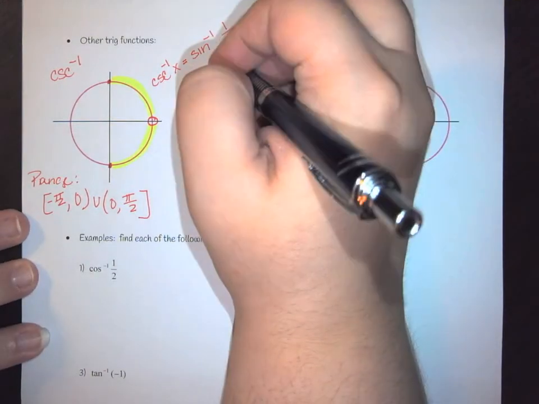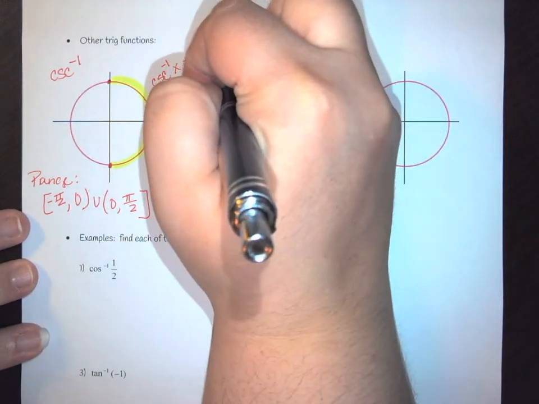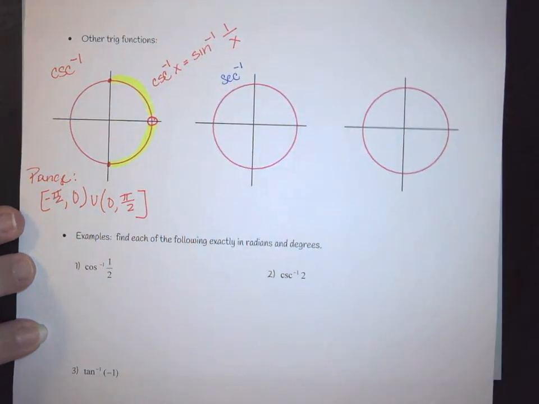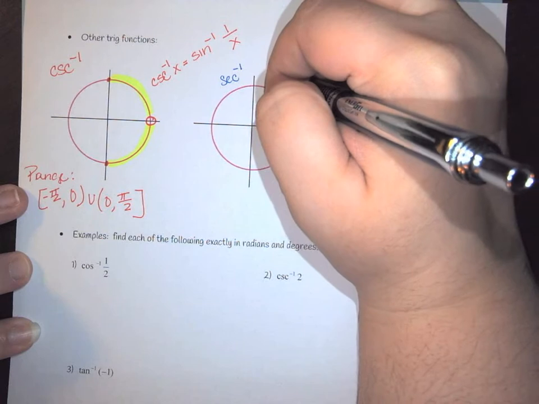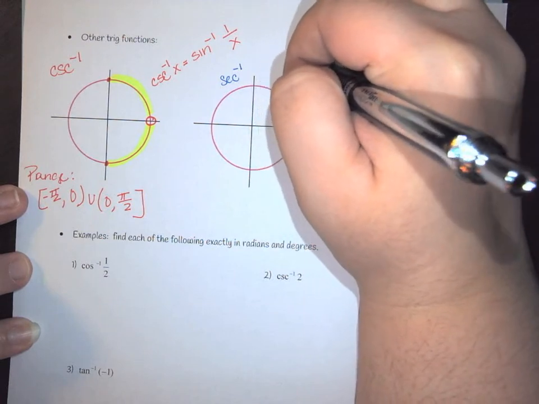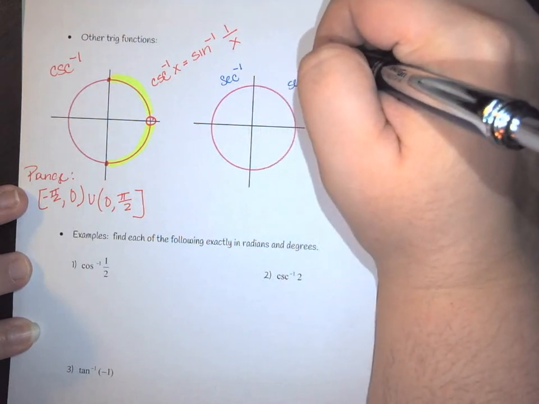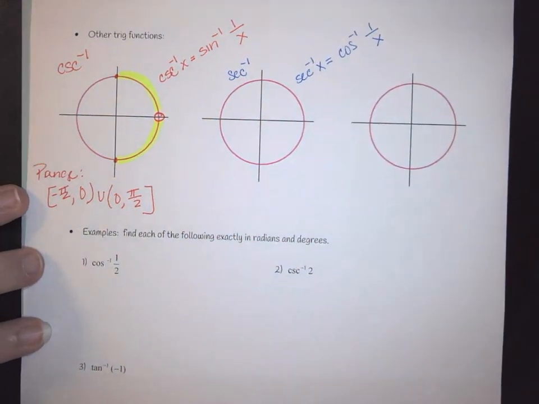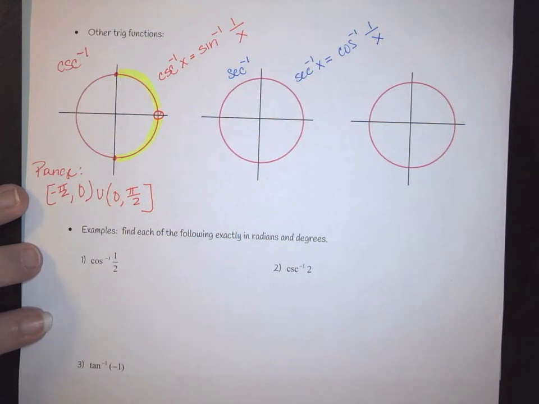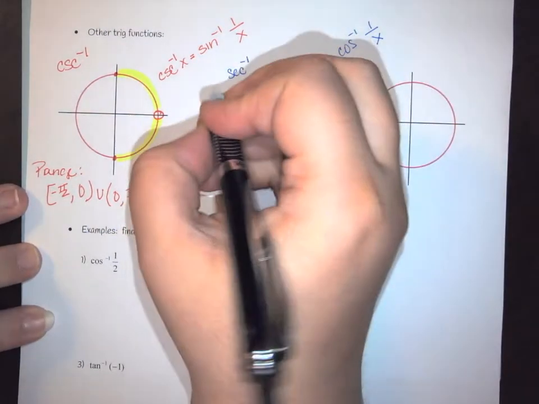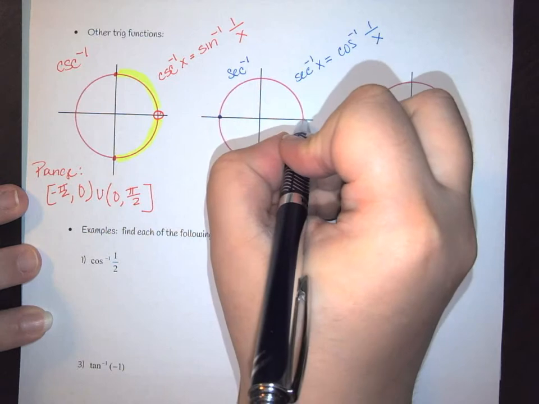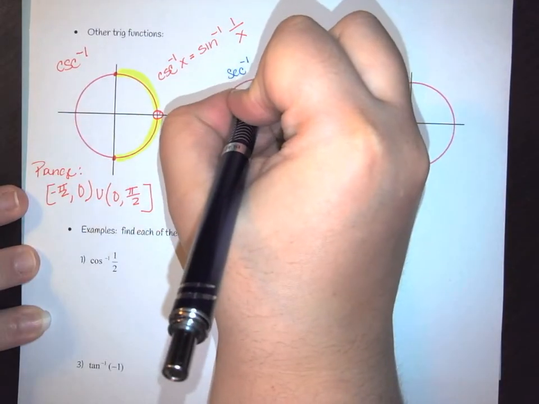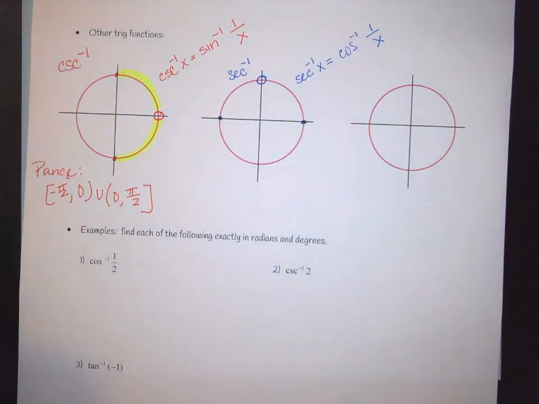Now this next one we can call the secant inverse. Again, just like with cosecant, we need to remember that secant inverse of x is going to be the same as cosine inverse of 1 over x. So it's going to be very similar to cosine in that we're going from 0 to pi, only we also have an issue, and our issue occurs up here at pi over 2.